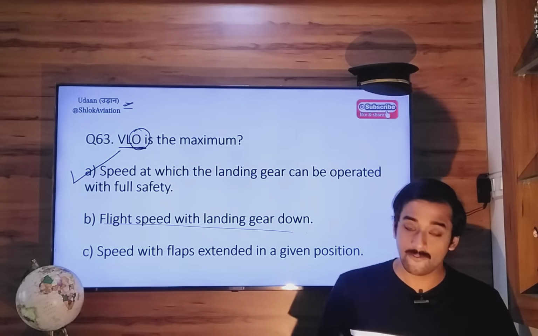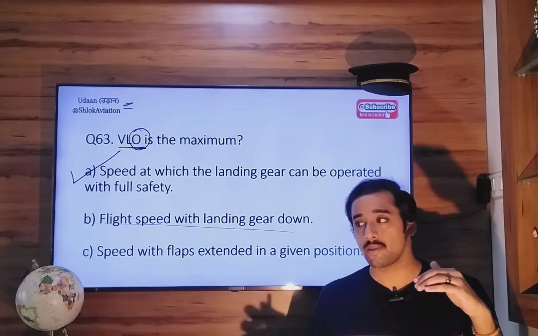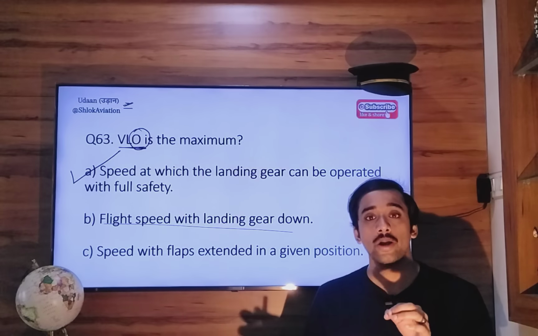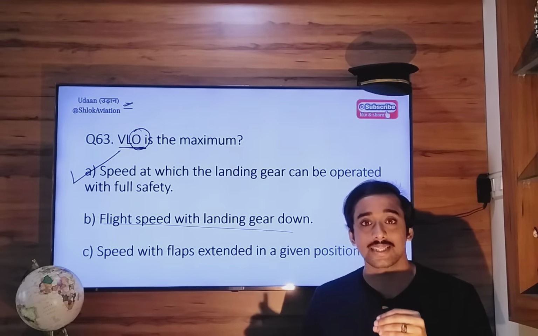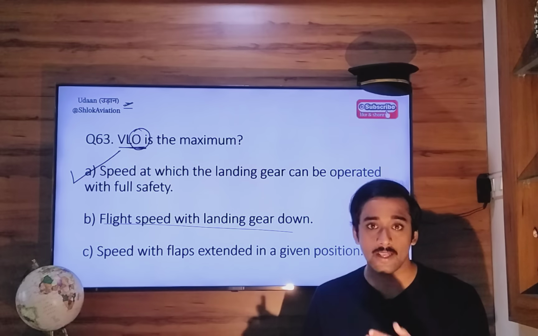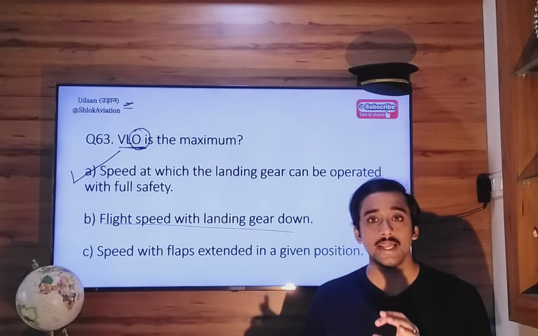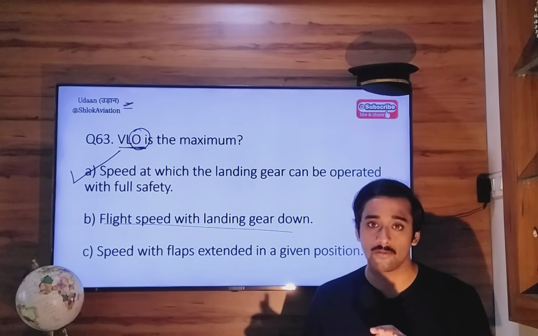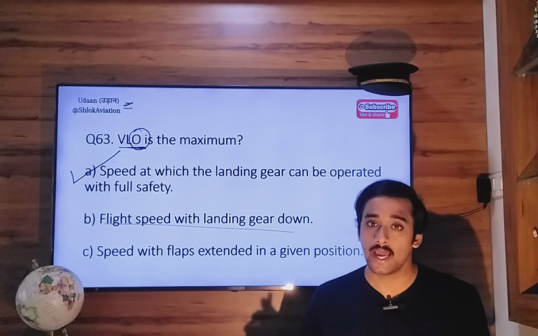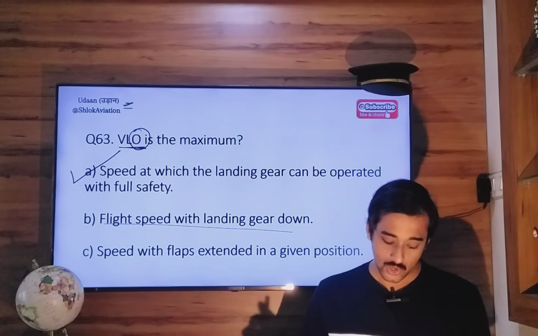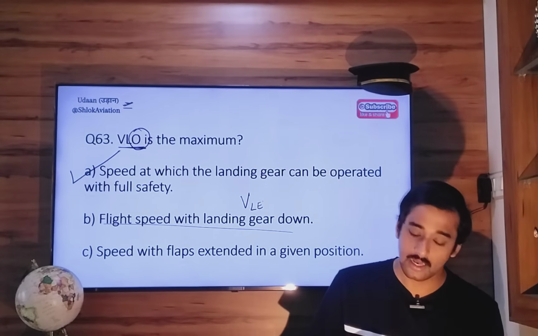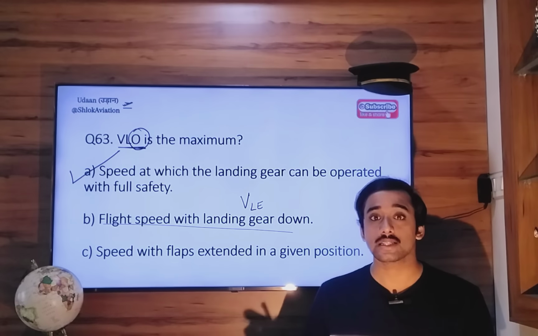Flight speed: after extending your landing gear, let's say you are coming down for landing, you are going to fly your aircraft with the landing gear extended, meaning the landing gear will be hanging down from the belly of your aircraft. That speed is called VLE, Lima Echo, landing gear extension speed.